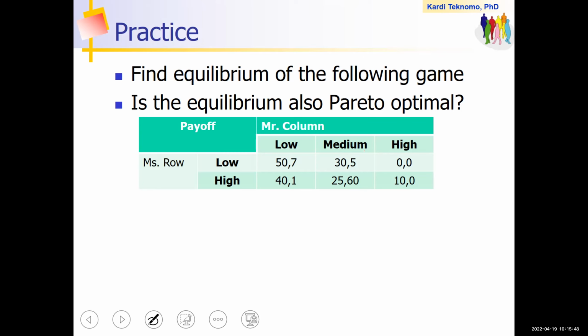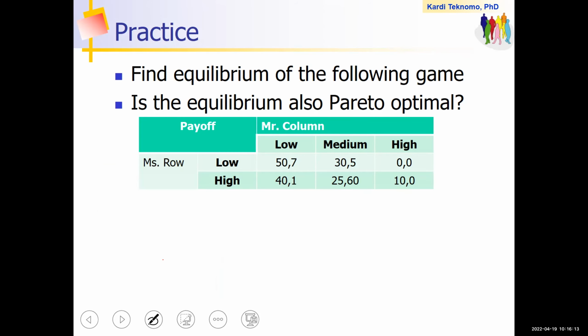Row has no domination, correct? Okay, so then you go to column. Is there any column domination? 7 compared to 0, 1 compared to 0. Okay, so column will not play high, right?